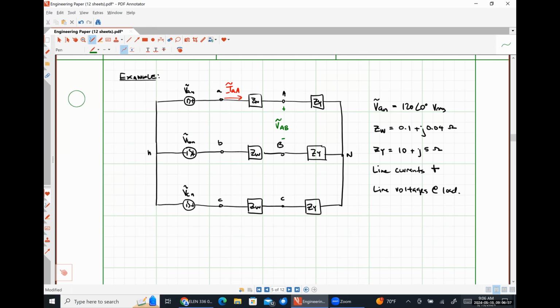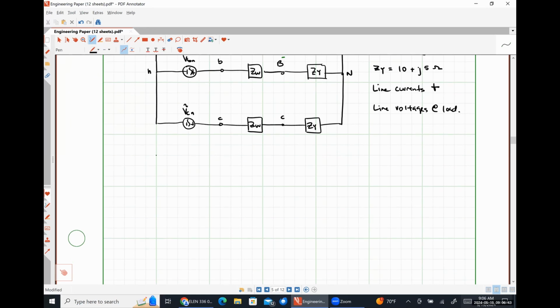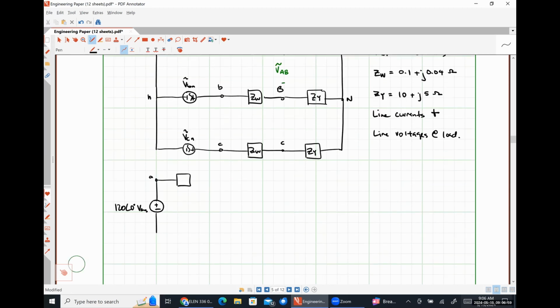Okay. So let's start by drawing our single phase equivalent circuit. So we're going to have 120 angle 0 degrees volts RMS. 0.1 plus j0.04 ohms will go here. 10 plus j5 ohms will go here.